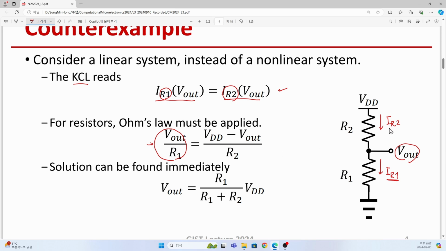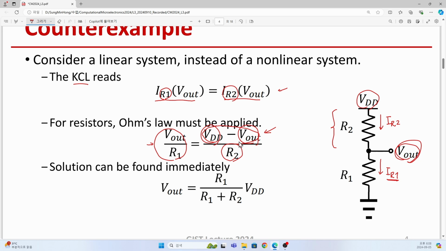And how about this IR2? It can be easily obtained by the voltage difference divided by R2. In this case, VDD and V out. This one just simply states the voltage applied to our resistor.